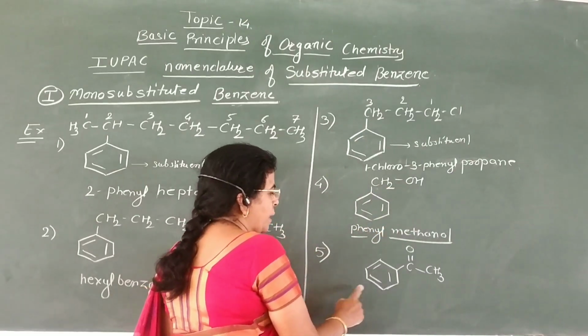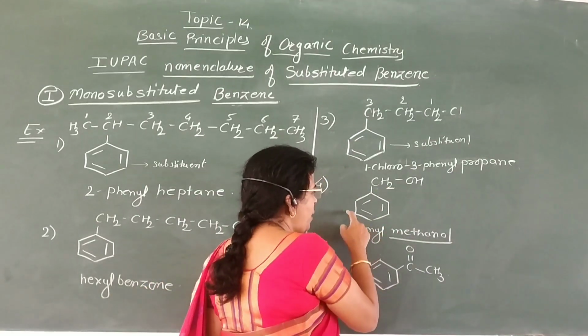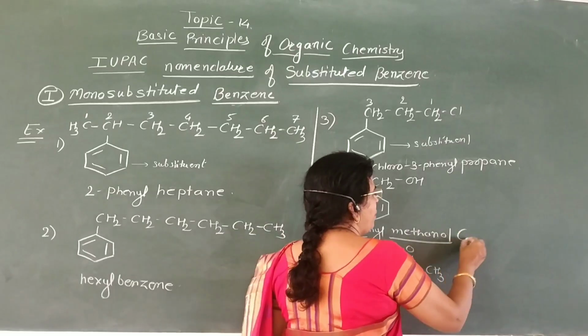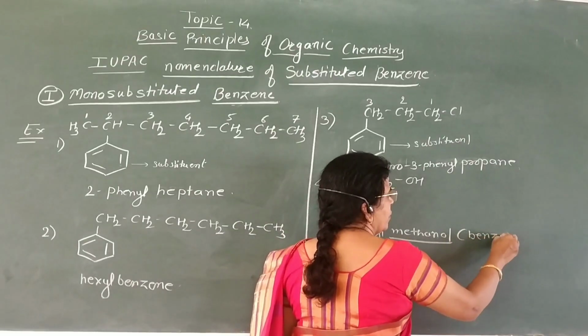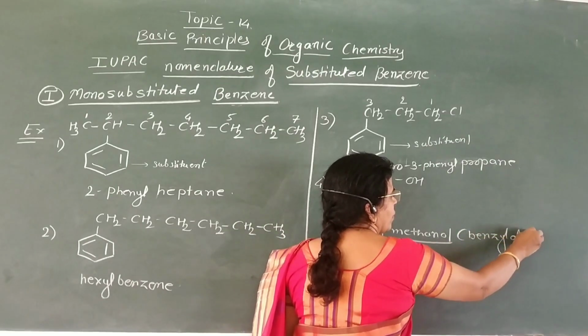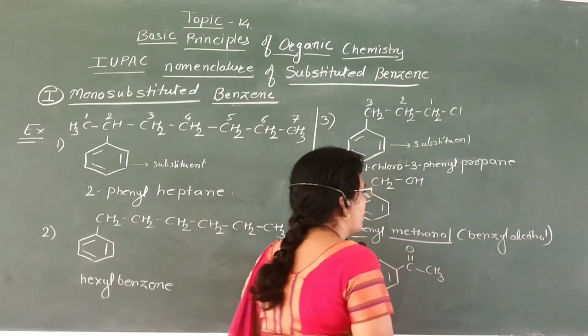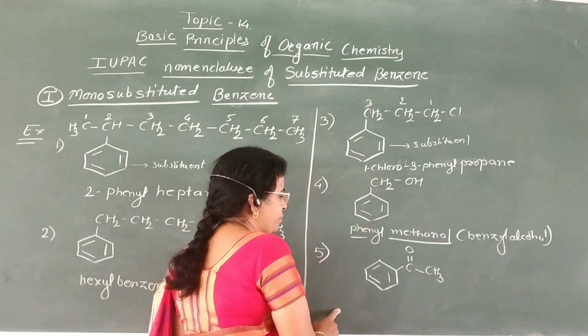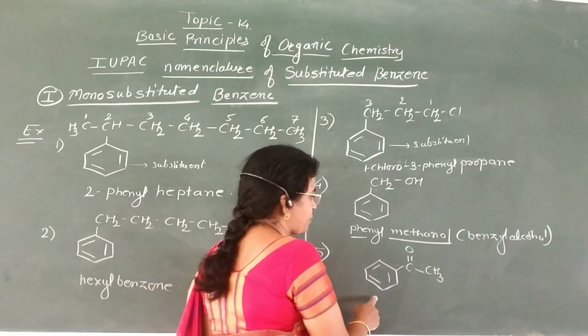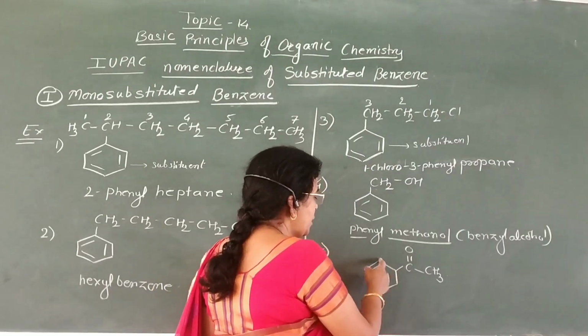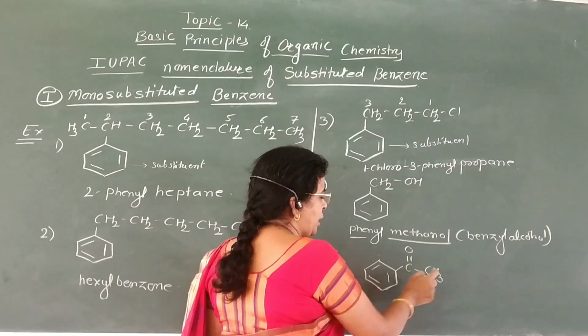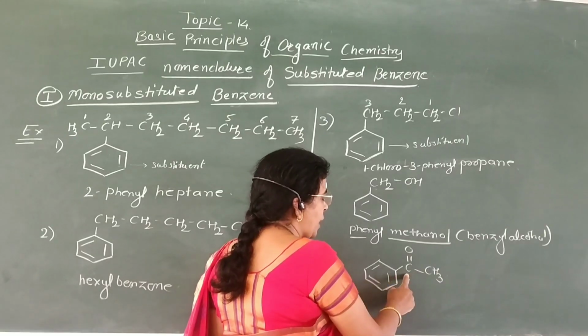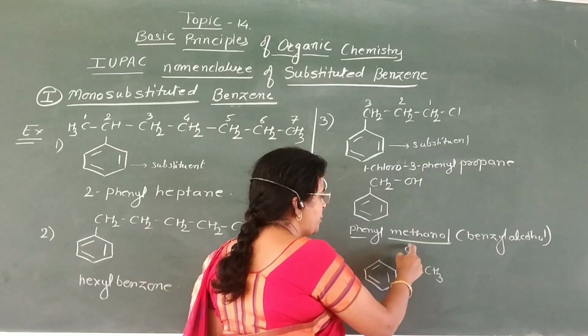Now here, the common name of this compound is benzyl alcohol. Now fifth one. Now in this case, this benzene ring is attached to COCH3 group. That is, there are 2 carbon atoms and a ketone group is present.